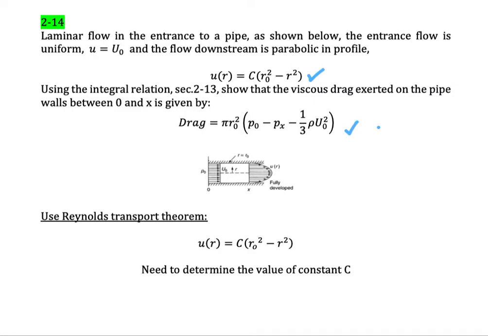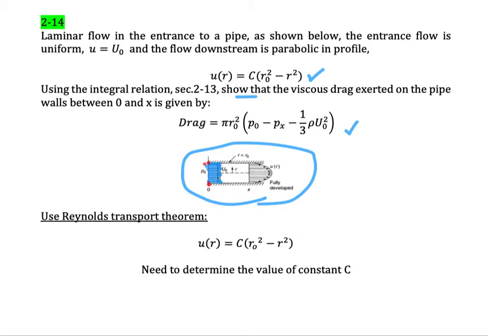Okay, so we need to show, which means we need to do some derivation here. I think everybody understands this diagram. At the entrance here, we assume that the velocity is uniform because maybe the friction on the side is not working yet.